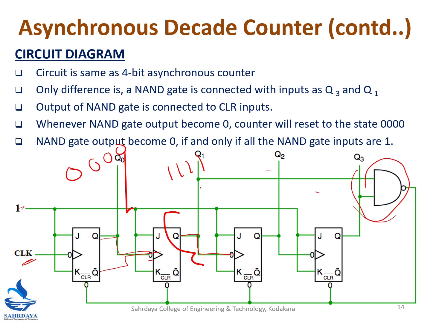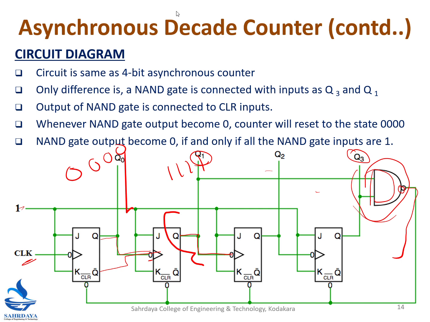But here we are using a NAND gate, and the Q1 output and Q3 output are given to the inputs of the NAND gate, and the output of that NAND gate is used to clear all the flip-flops.